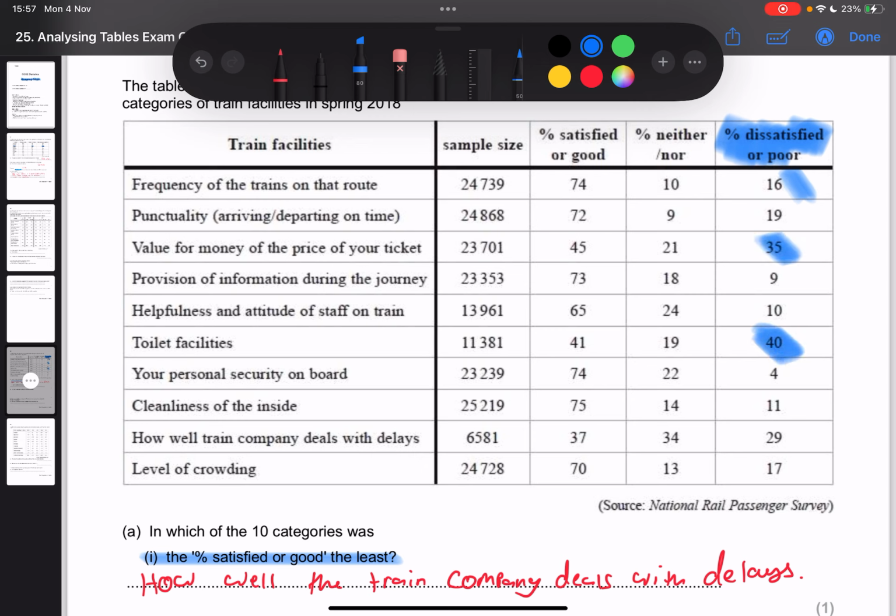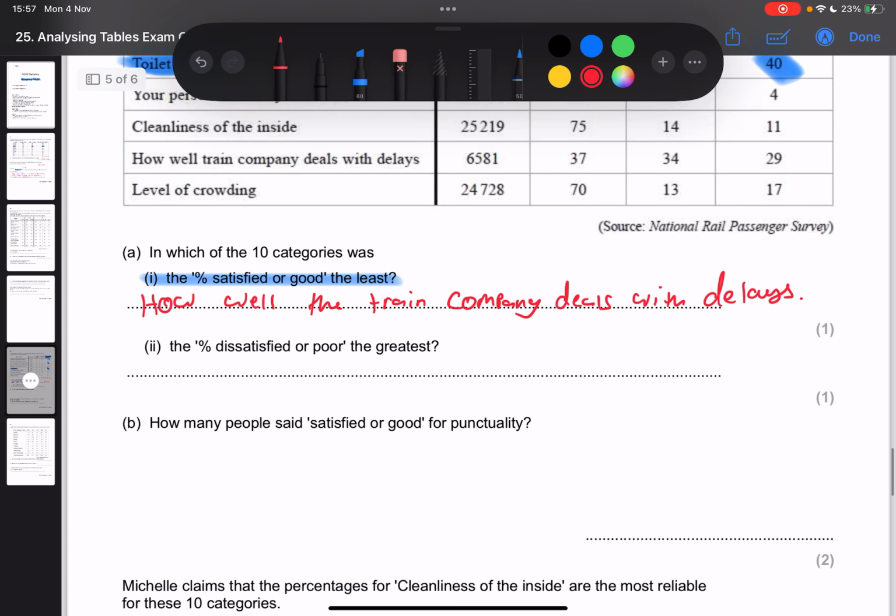I see a 40. Do I see anything bigger than 40? No, I don't. So toilet facilities, most people found dissatisfying or poor. So I'm going to write toilet facilities.